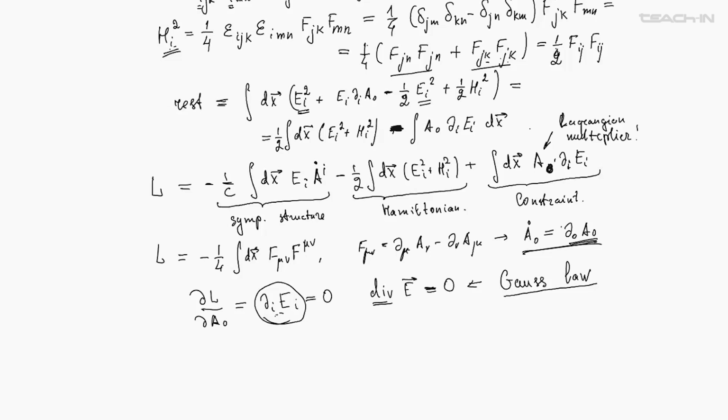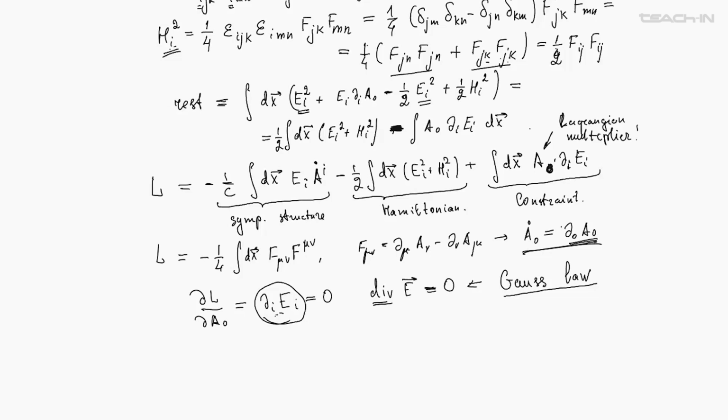That's exactly the energy stored by the electromagnetic field: 1 over 2 integral dx ei squared plus hi squared. This is the component of the stress energy tensor of the electromagnetic field, component T00, which is responsible for the energy. And we see it just coincides with the Hamiltonian which we get by means of this phase space Lagrangian approach.